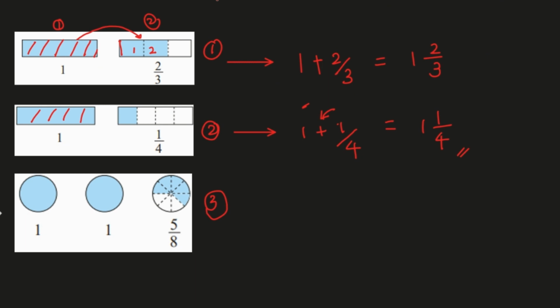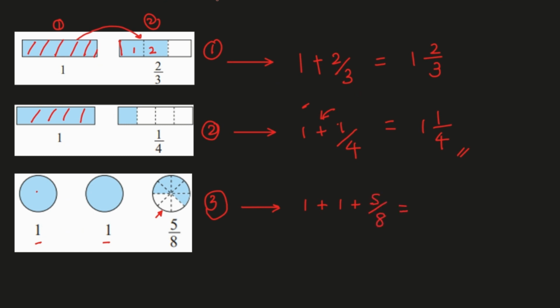Likewise, in the third figure, you can see there are three circles, and out of them, two circles have been completely colored. So we can take this as one unit, and this as another unit. And in this whole circle, 5 portions have been colored out of 8. So I can write this as 1 plus 1 plus 5 upon 8.